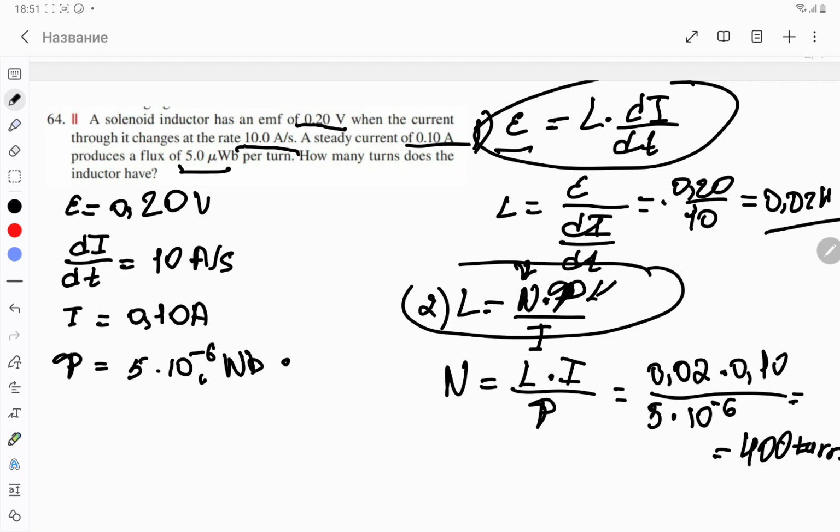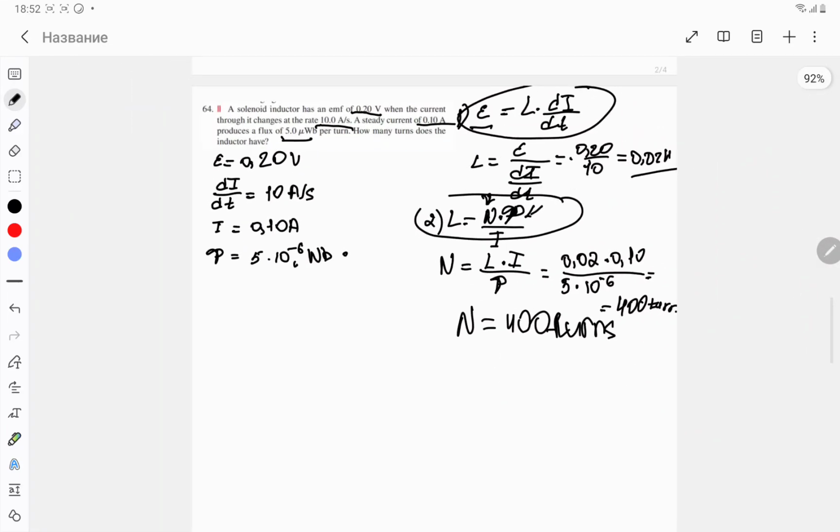Its final answer is N is equal to 400 turns. That's how many turns the coil has based on the EMF, the change in current, and the magnetic flux.